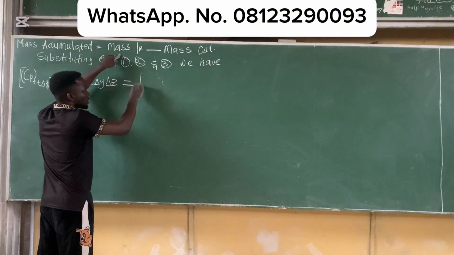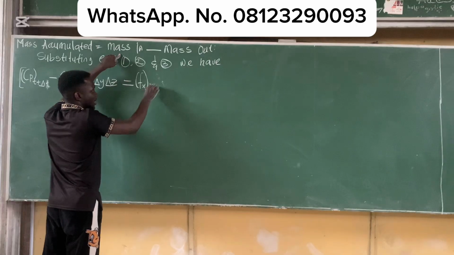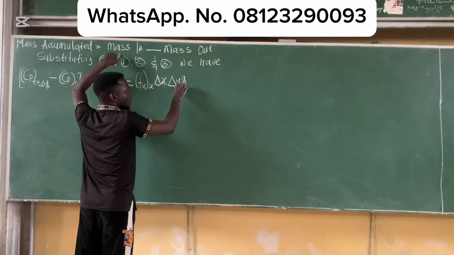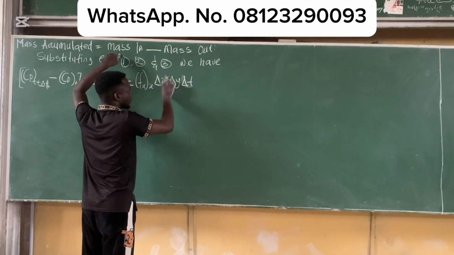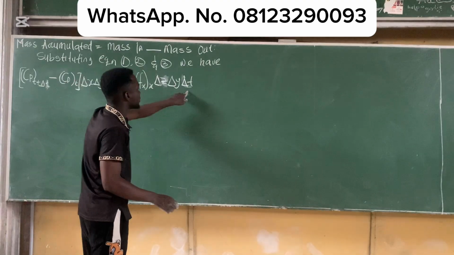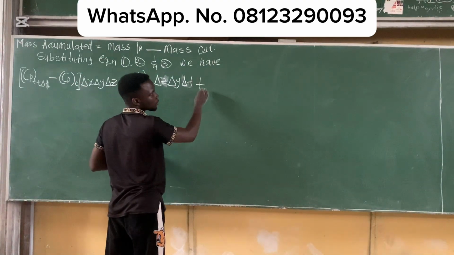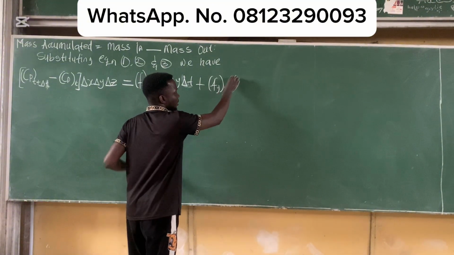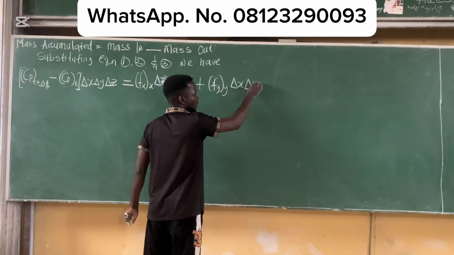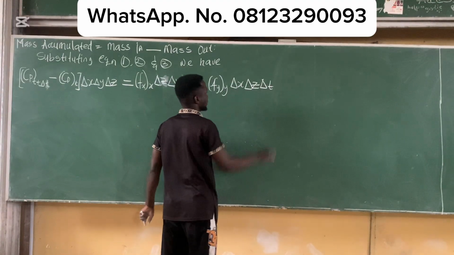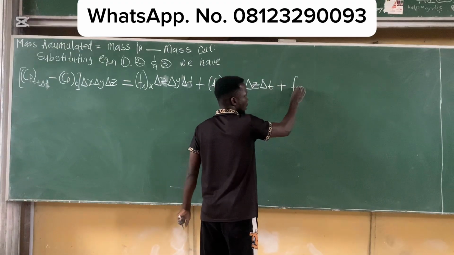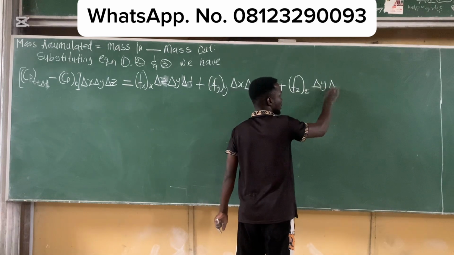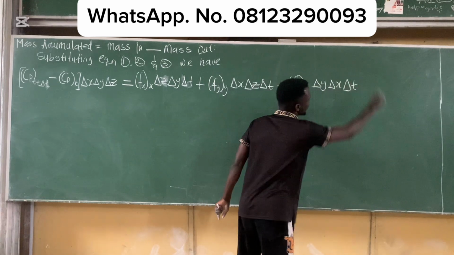So this is equal to, our mass accumulated is equal to mass in. What is our mass in? Mass in is f of x at x, delta y, delta z, delta t, plus f of y, delta x, delta z, dt, plus f of z, delta y, delta x, dt.